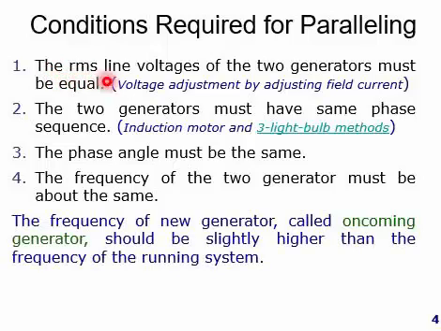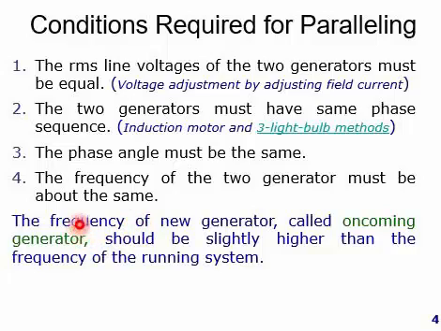The RMS line voltages of the two generators must be equal. This was the first condition. Another condition: the two generators must have the same phase sequence. The third condition is that the phase angle must be the same. And the fourth one is that the frequencies of the two generators must be about the same.